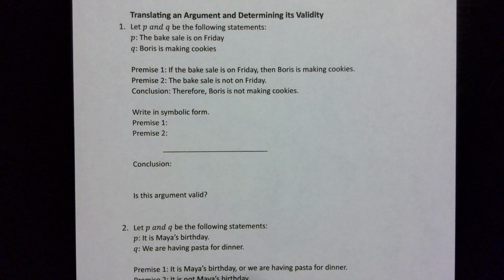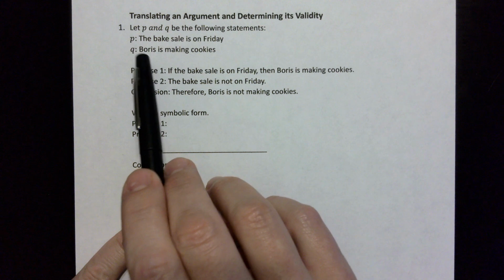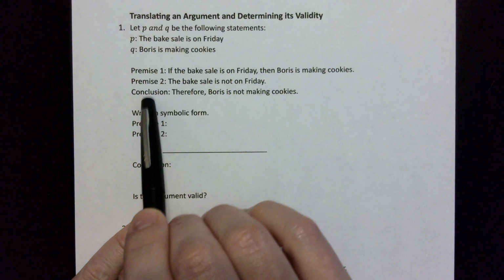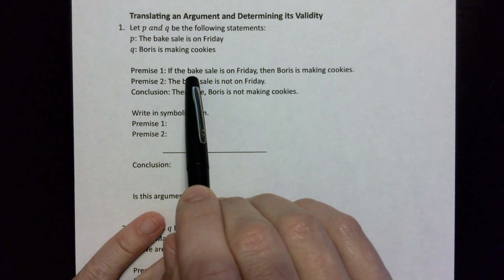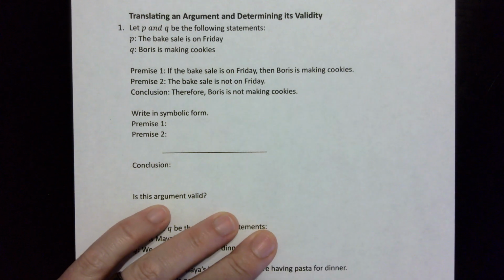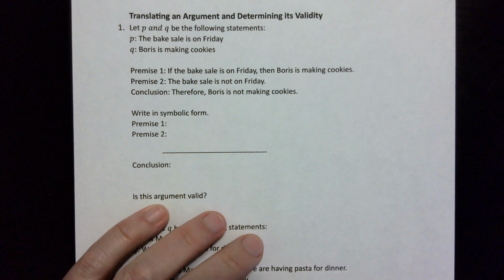Let P and Q be the following statements. The bake sale is on Friday. Boris is making cookies. So these are our statements. Now we're going to have a couple premises that we have to write here. First, if the bake sale is on Friday, then Boris is making cookies. If P, bake sale's on Friday, then Q, Boris is making cookies.